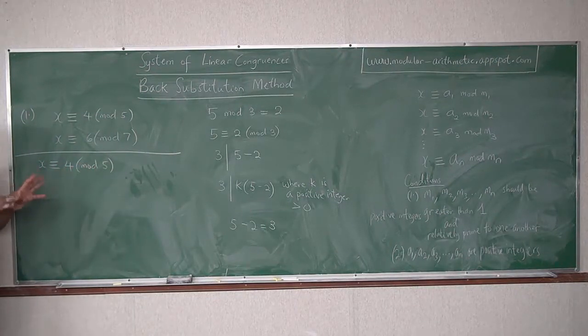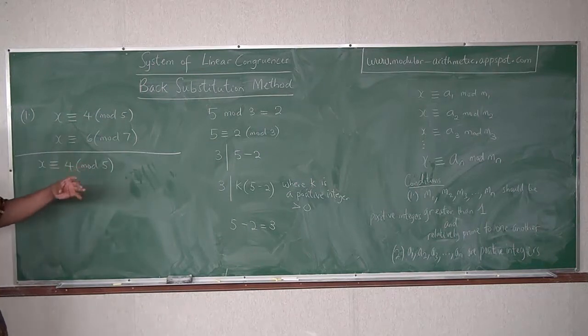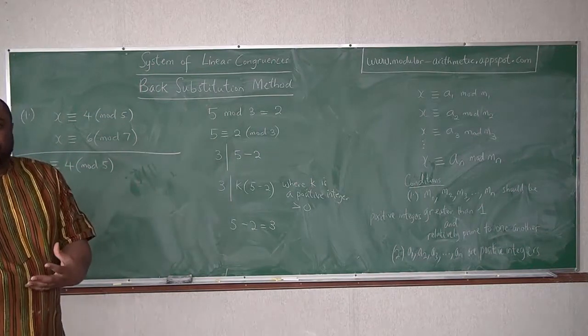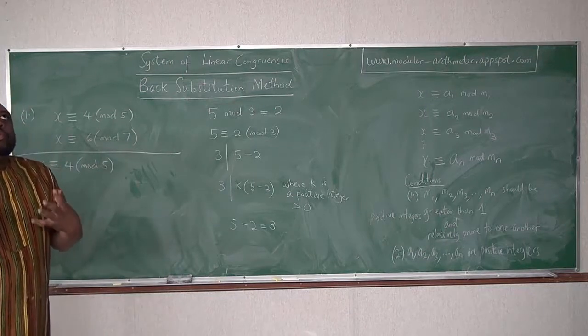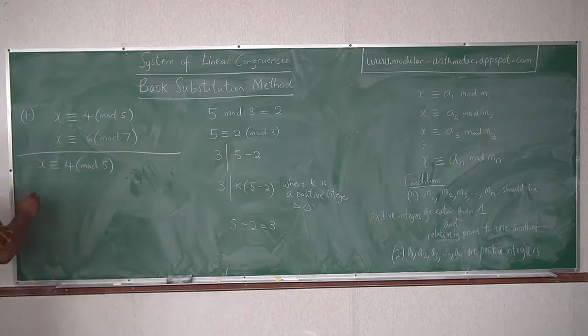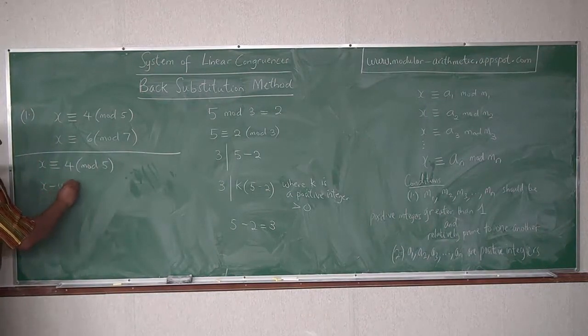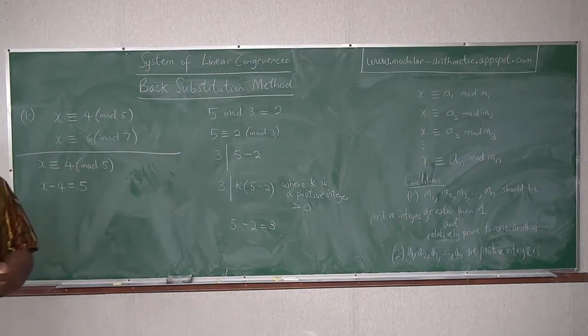So this actually means I want to convert this congruency to an equation. What this means is that x minus 4 is equal to 5. That is what it means.